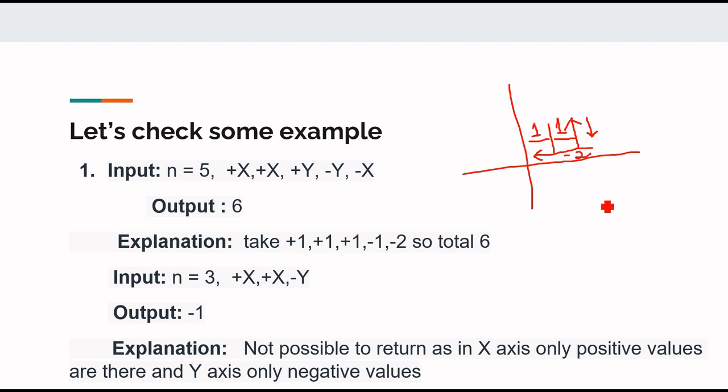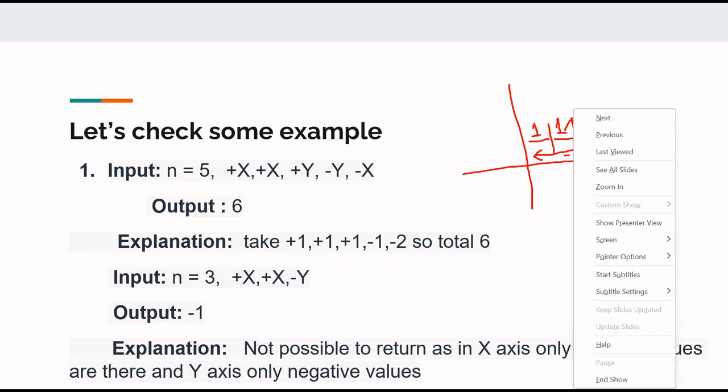So I can take plus 1, plus 1, plus 1, minus 1, minus 2. So the total distance we are covering is 1, 1, 1, 1, 2, meaning 6. So I can take like that.